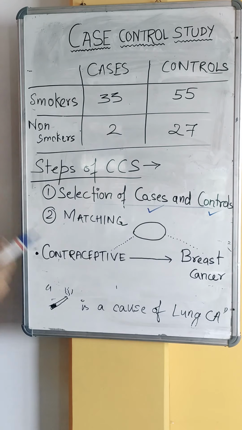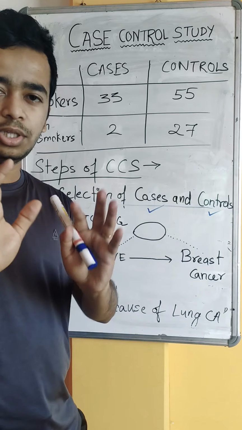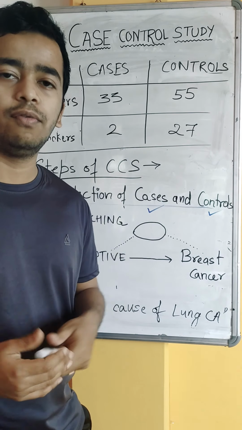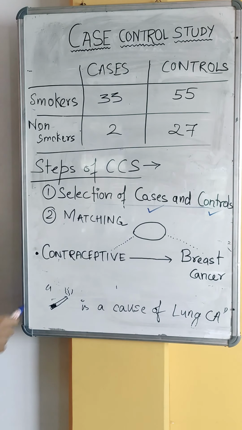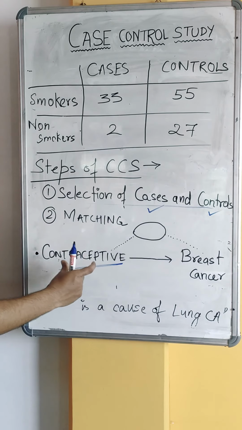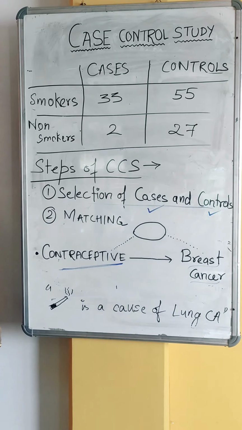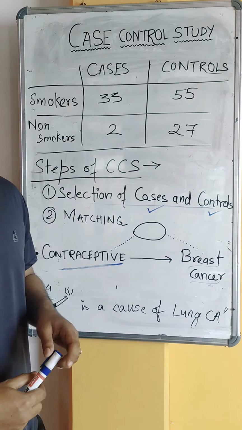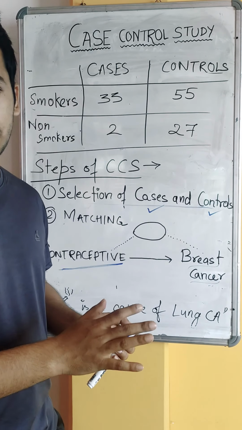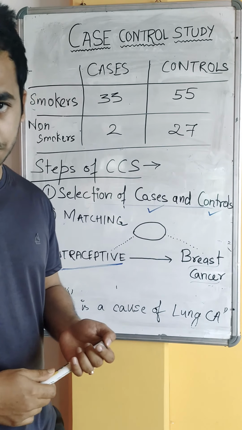Now we'll go through a process called matching. Before understanding matching, I'll give you an example so that we understand it better. For example, I want to see the relationship between steroidal oral contraceptives and the development of breast cancer. Okay? So for this study, in the cases, I have taken younger girls, and for controls, I have taken older women.